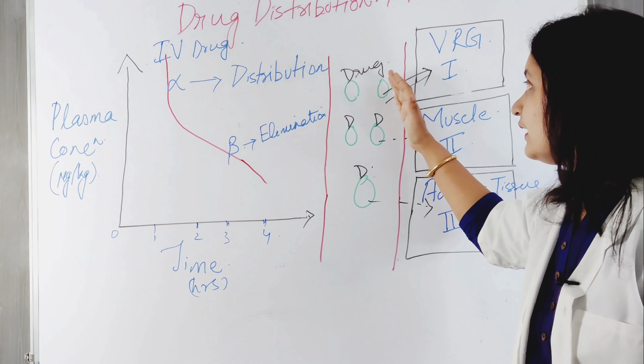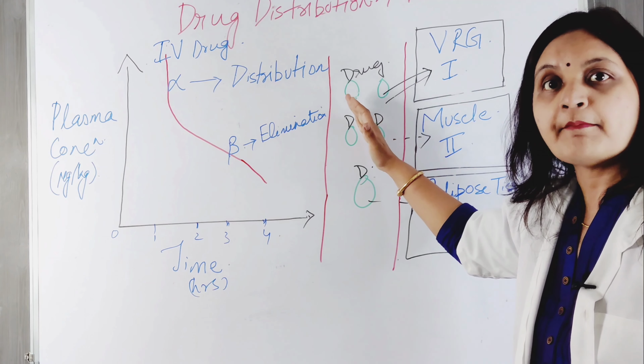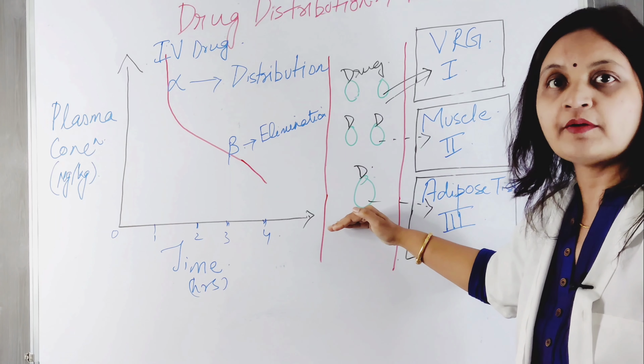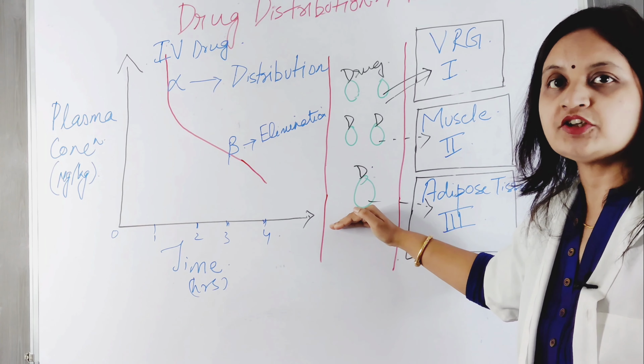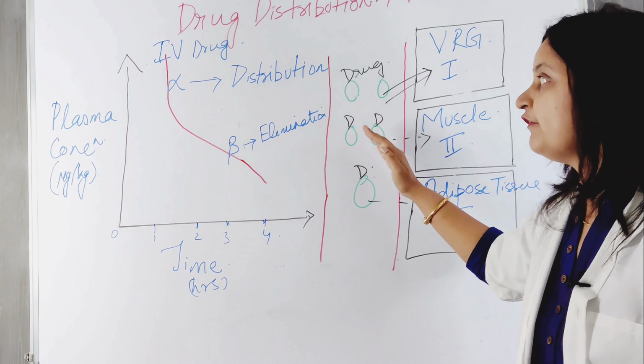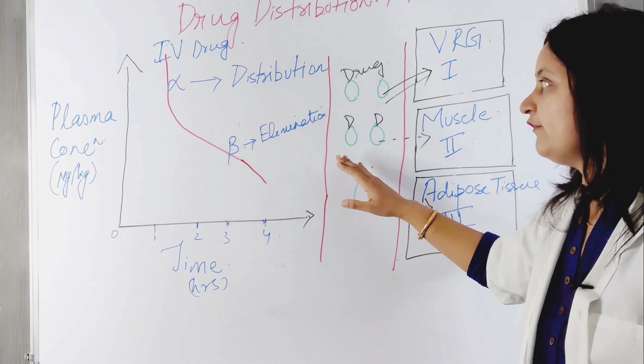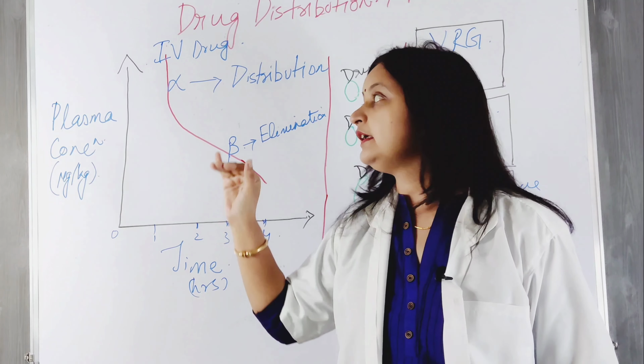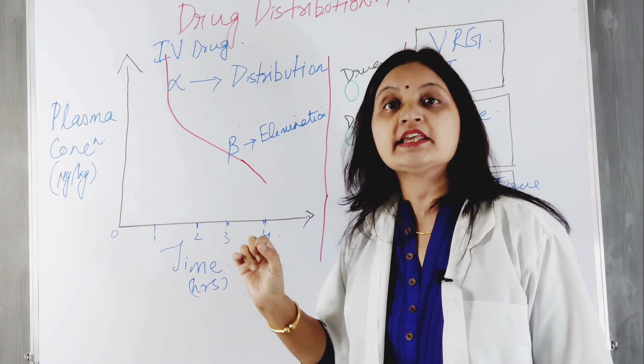As the drug is getting released into the vascular compartment, a major part of the drug is getting cleared from the circulation through elimination. The resulting effect on the plasma concentration level is a decline in plasma concentration, and the decline is slow.